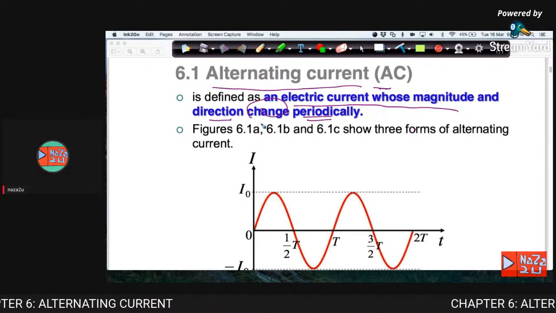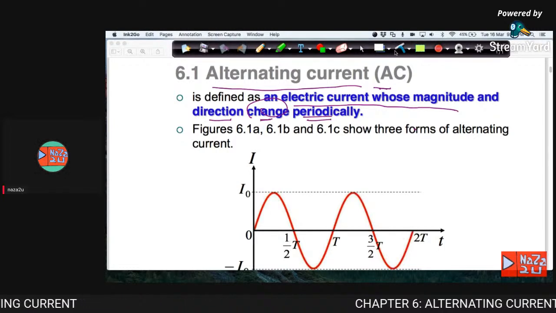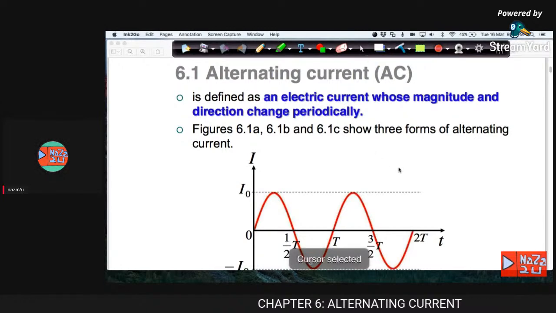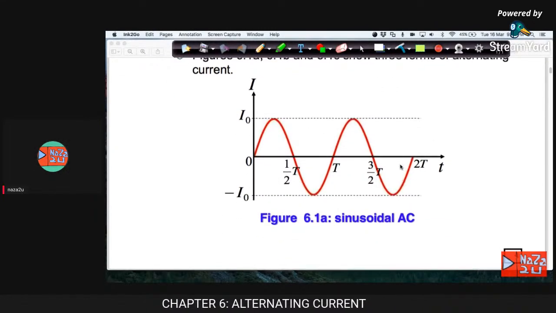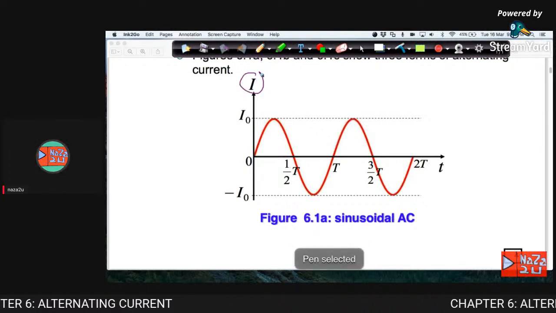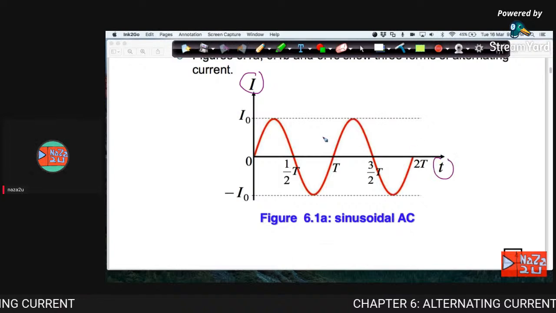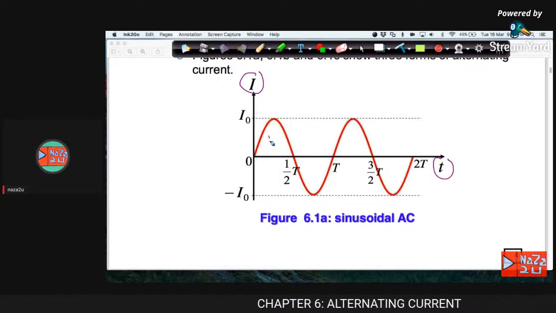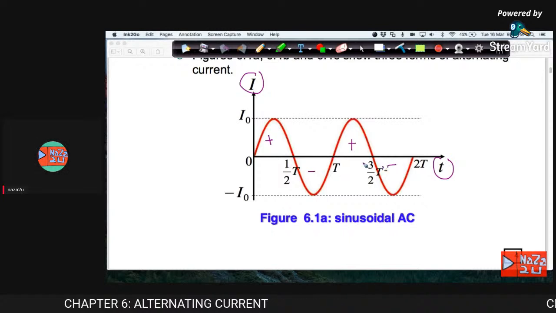Okay, dia ada perubahan arah. Jadi, as I said, if you look at the graph here, let's say here is a graph I versus time t, because we have the change direction, kita katakan sebagai bahagian positif, bahagian negatif ini.